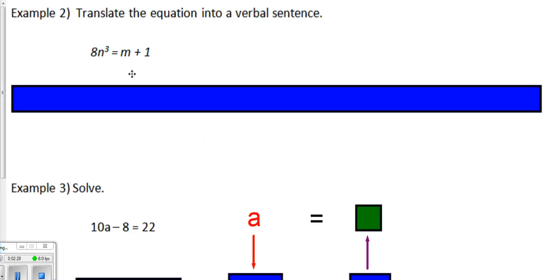Example 2 moves things in the other direction, if we need to translate an equation into a verbal sentence. Now, the equation just says 8n cubed equals m plus 1. Now, as a sentence, what this is saying is 8 times this amount, n cubed. Again, remember, because of our order of operations, we have to do n cubed first, then we'd be multiplying it by 8. Now, that is all set equal to this unknown value m plus an extra 1.